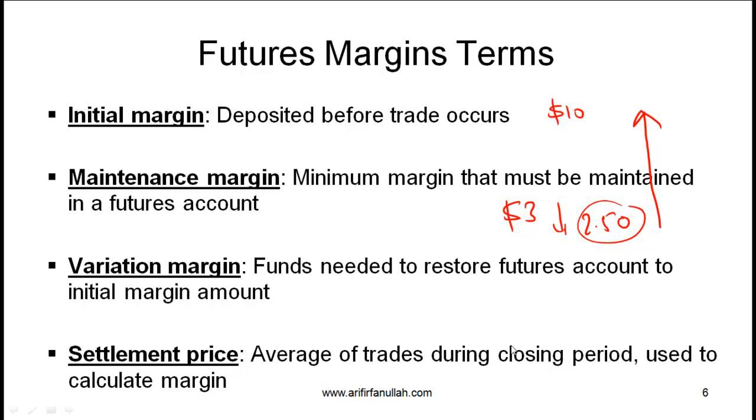And this might be because the very last trade might actually be some sort of an aberration, where if it's a very large amount, that might create an anomaly, or that might create a slightly higher or slightly lower price. So the convention used in the futures market is, at the end of the day, we take the last few trades, and the average of those last few trades is the settlement price.